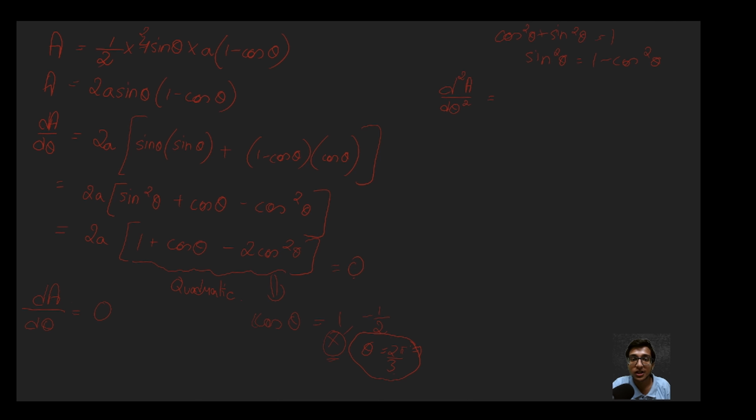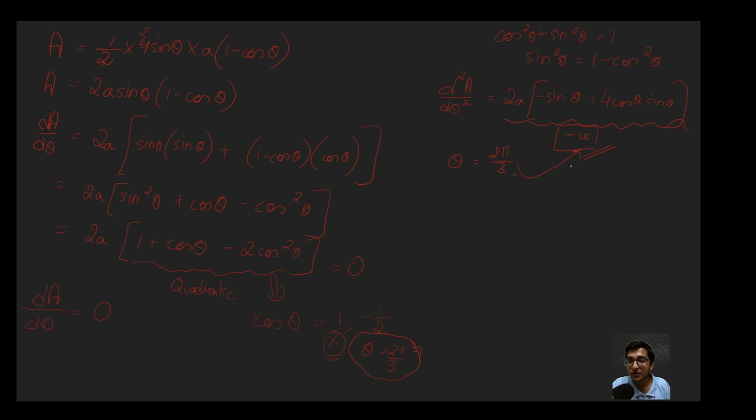We would get 2A, cos theta would turn into minus sine theta, and minus 2 cos square theta would turn into minus 4 cos theta plus sine theta. And you can see that this value here will always be negative. That means we are doing it correct, and our area of the triangle is always maximum when theta is equal to 2 pi by 3.